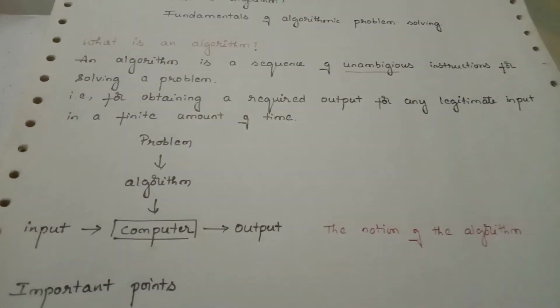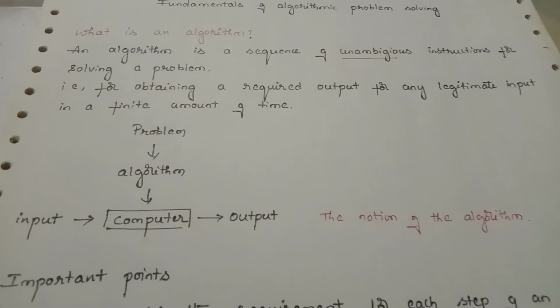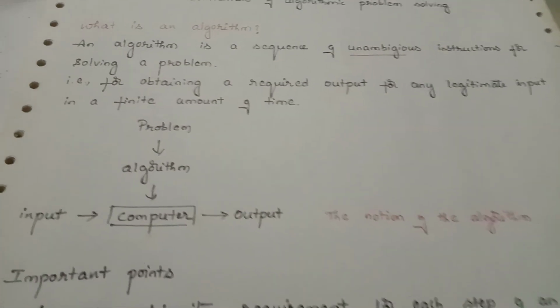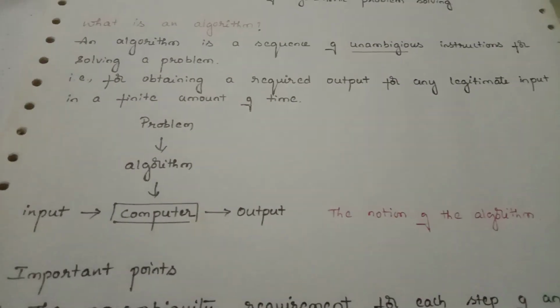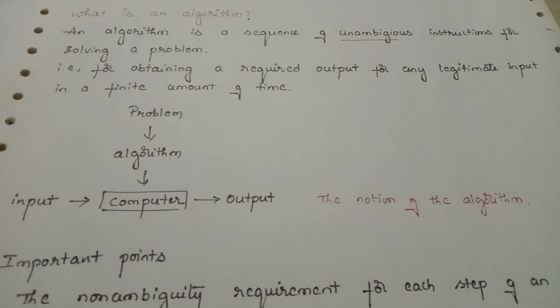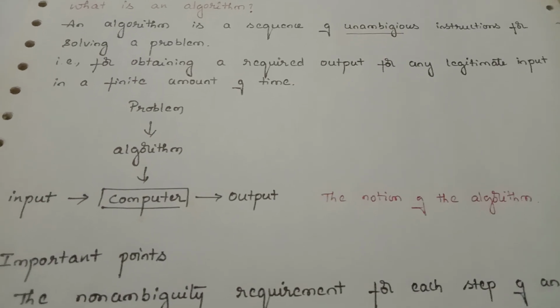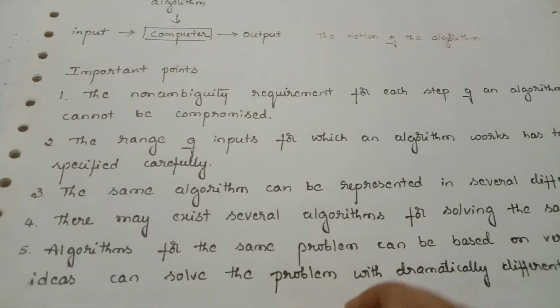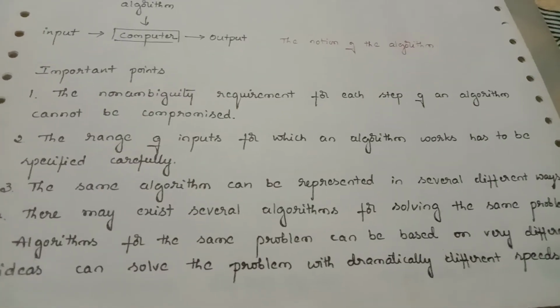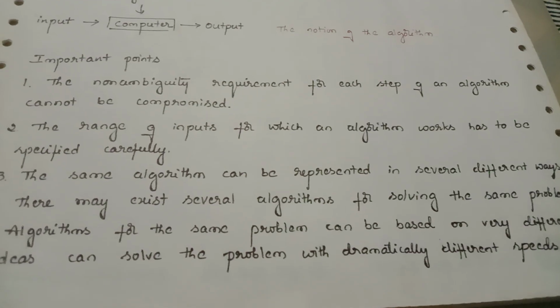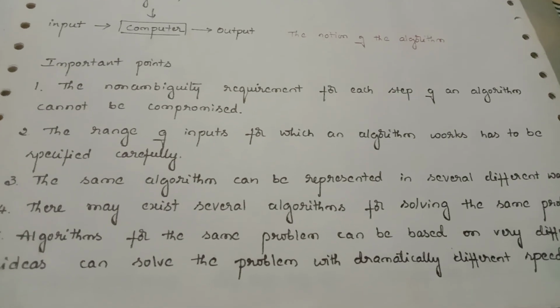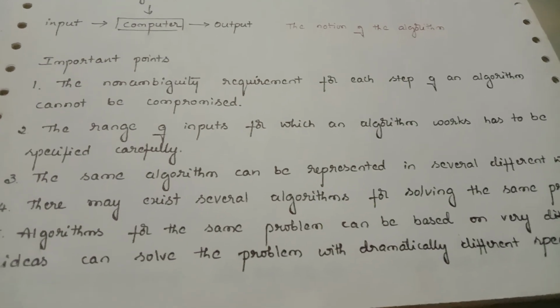After this definition, there are some important points we have to consider when we study an algorithm: the main characteristics of an algorithm. Let us see what those characteristics are. Here the main five characteristics that are very important when we write or study an algorithm are listed.